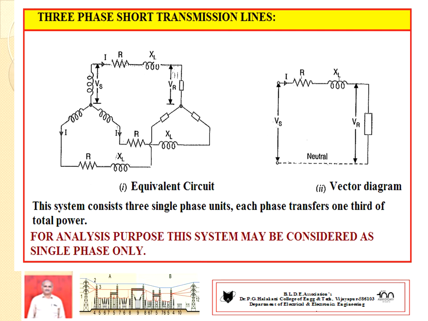R and XL are the resistance and inductive reactance per phase. For phase values, you see how it is represented in the vector diagram with respect to neutral. Vs and Vr may be the line voltages. Even though the line is three phase, the analysis should be done on the single phase equivalent only.